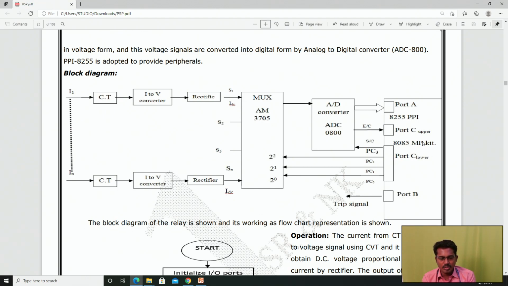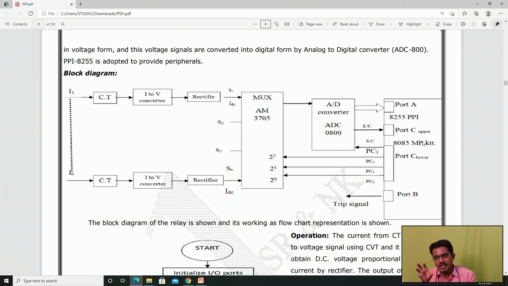That proportionate voltage is rectified, and the data is given to the auxiliary ICs. From the auxiliary ICs, the output is given to the analog to digital converter, which converts the analog value into digital. That digital value is given to the microprocessor.